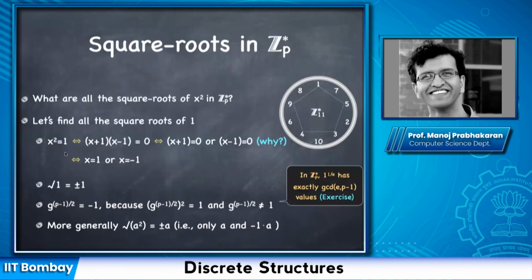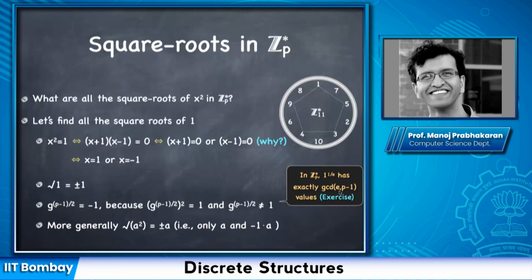What if instead of 2 you are interested in some other integer e, and here is a claim you can prove. That there are exactly as many eth roots of 1 as the GCD between e and p minus 1. In particular, if this GCD is 1, this is unique. So that's a thing we already talked about.